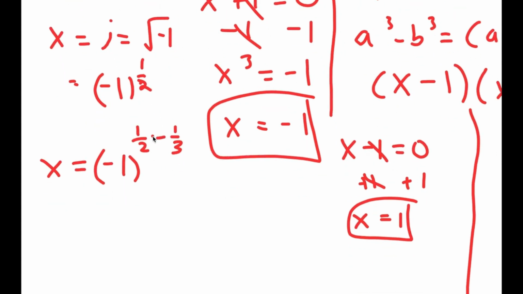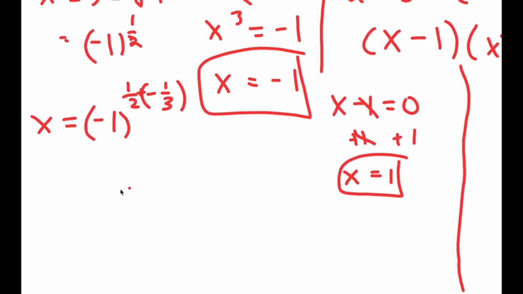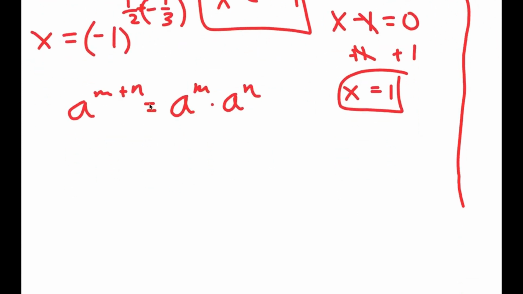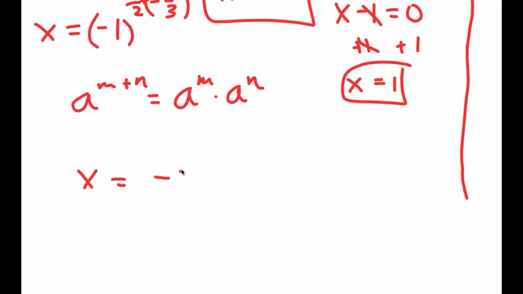Now, this is the same thing as 1/2 plus -1 over 3. And if I have something in the form a to the power of m plus n, this is equal to a to the power of m times a to the power of n. So this is going to equal -1 to the power of 1/2 times -1 to the power of -1 over 3.